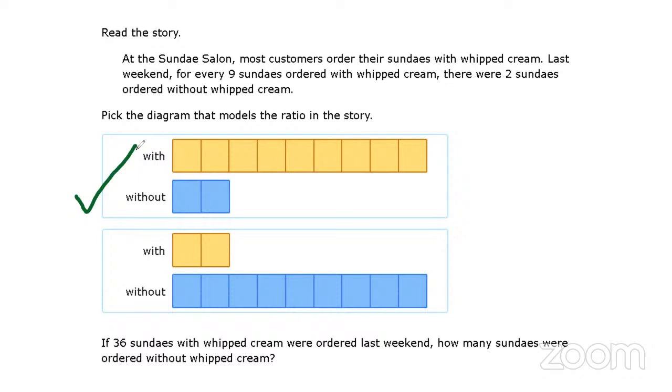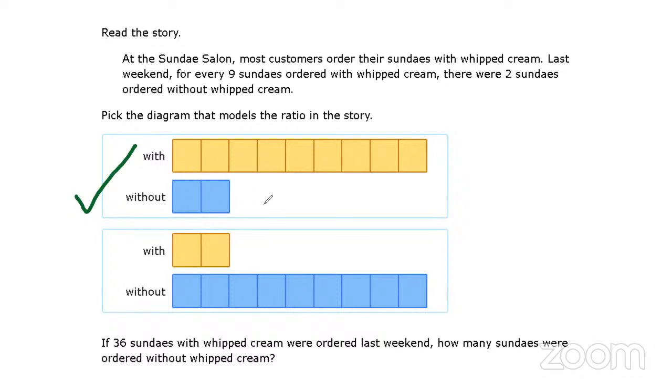While you're working it out, let us look at this diagram. If this diagram is showing 1, 2, 3, 4, 5, 6, 7, 8, 9 with whipped cream and 1, 2 without whipped cream, can we see the relationship between the with and the without?